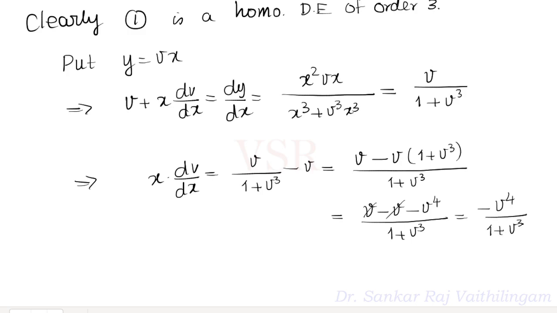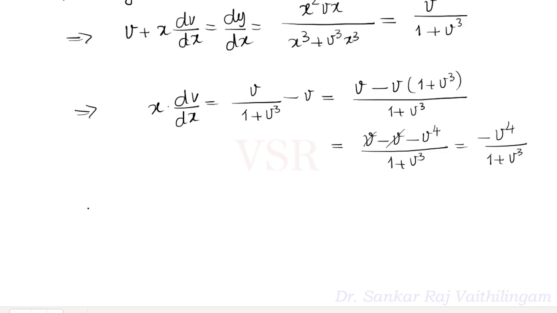So this implies that, let's cross multiply, by the variables separable method, 1 plus v cube divided by v to the power 4, I keep this minus on that side, into dv is equal to minus dx by x.